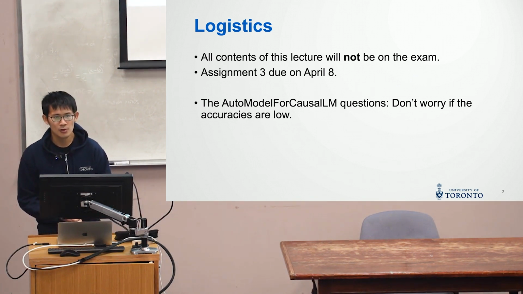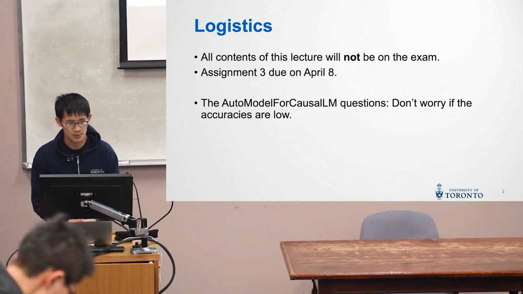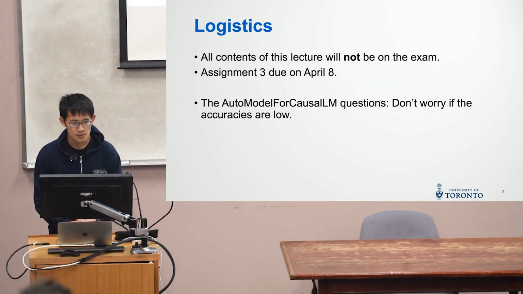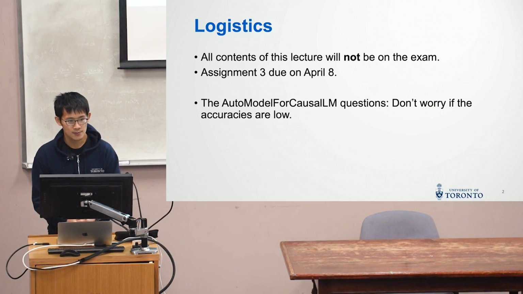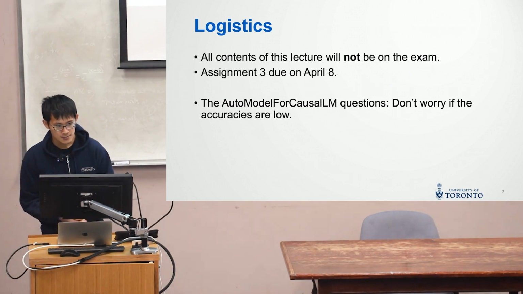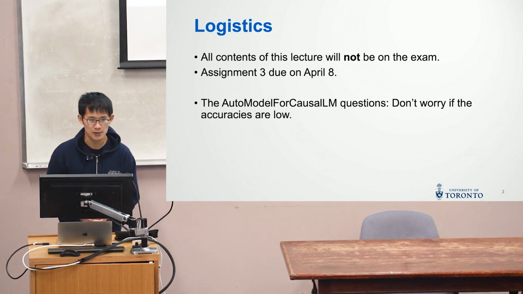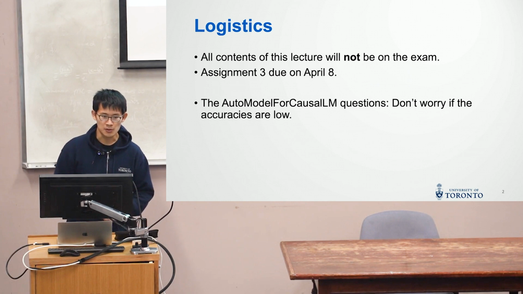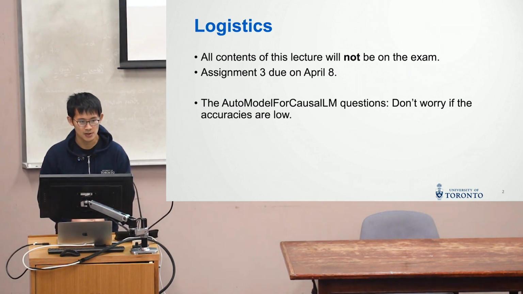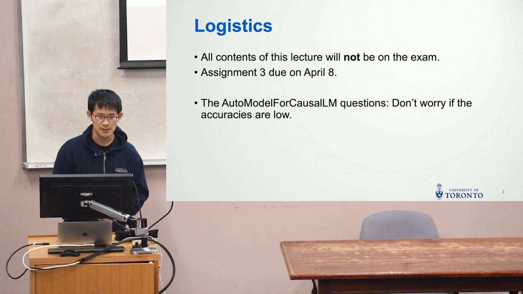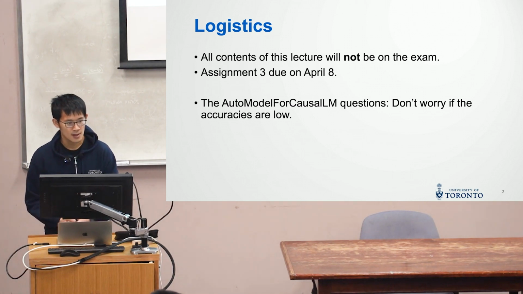Actually, for the auto model for causal language modeling, some students point out that the default behavior for transformers version 4 actually loads the masked language modeling head instead of the causal language modeling head. So if you load the GPT-2 based case model rather than the BERT-based case models, then the accuracy could be higher.